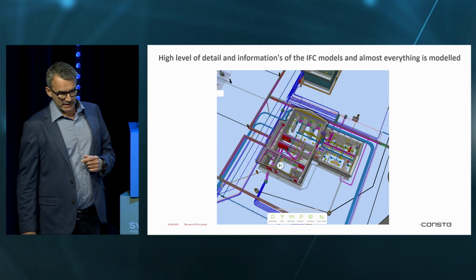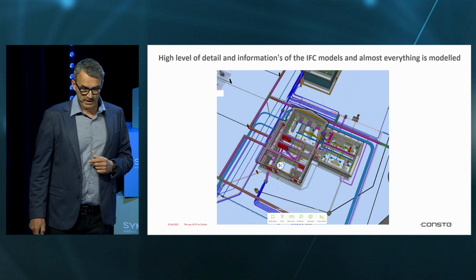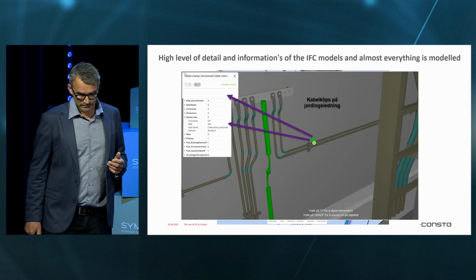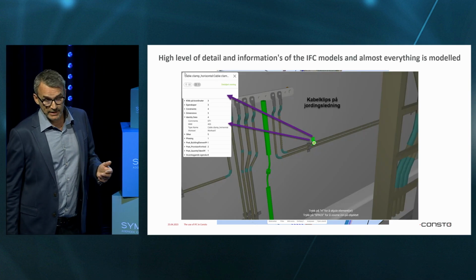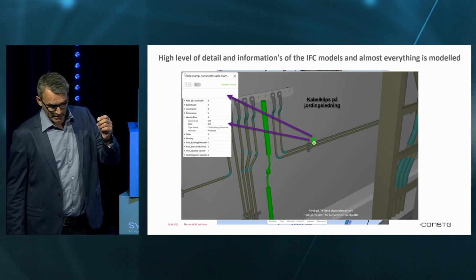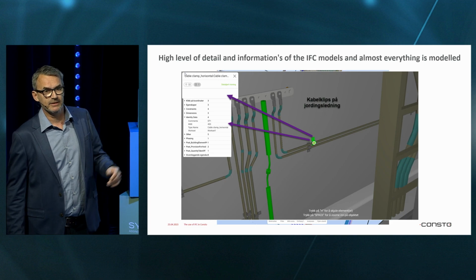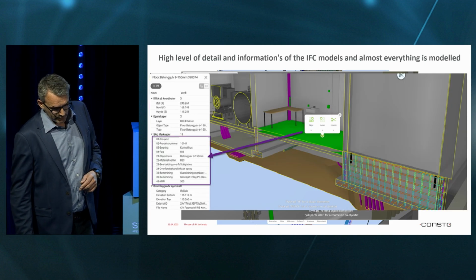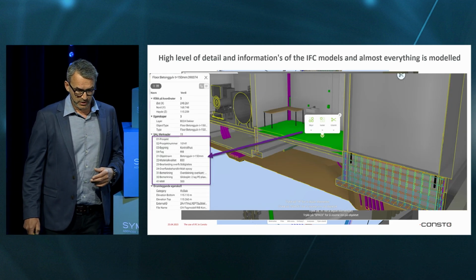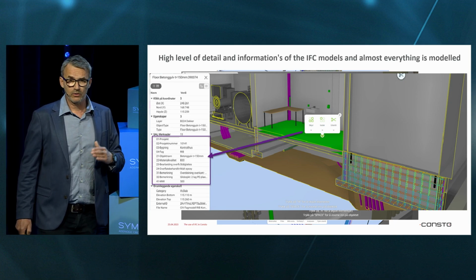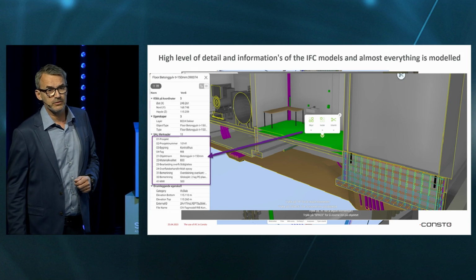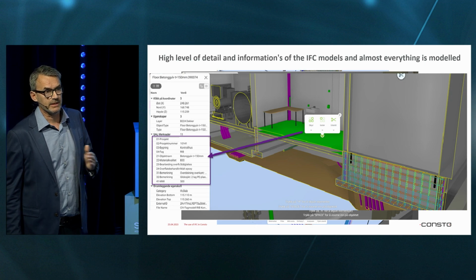So there is a high level of detail and information in the IFC model, with almost everything being modeled. You can see here that even the cable clips on the ground cable are modeled with all the information inside. I can click on every part of the building, and I get all the information to produce that part of the building.